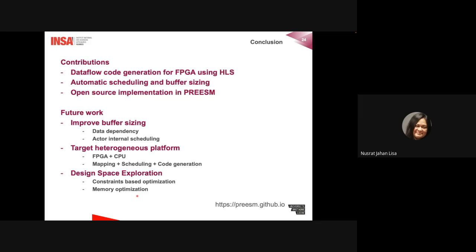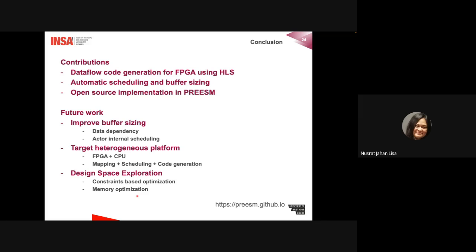But that definitely depends on how many resources the FPGA has, because the ZedBoard is a very small FPGA compared to Zynq UltraScale Plus. Also, the ZedBoard only has BRAM, which is small in size, but in Zynq UltraScale Plus technology we have UltraRAM.